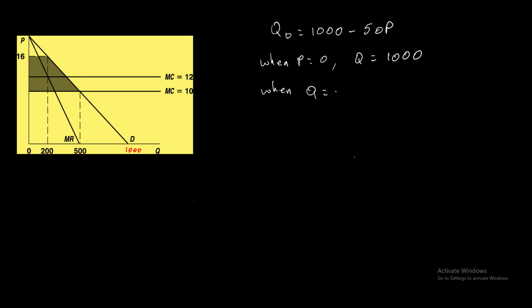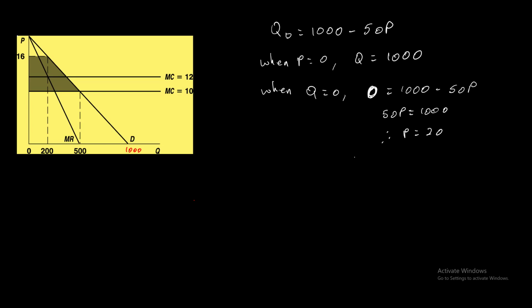When Q is equal to 0, we need to find P. So 0 is equal to 1000 minus 50p, so 50p is equal to 1000. Therefore, price is equal to 20.